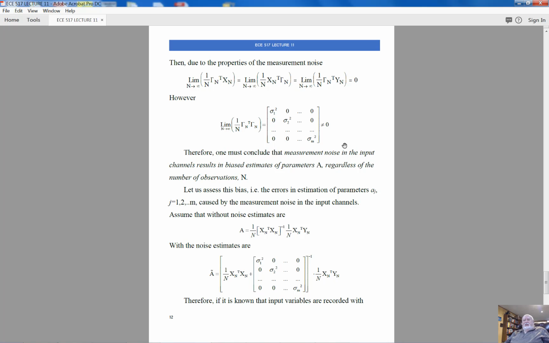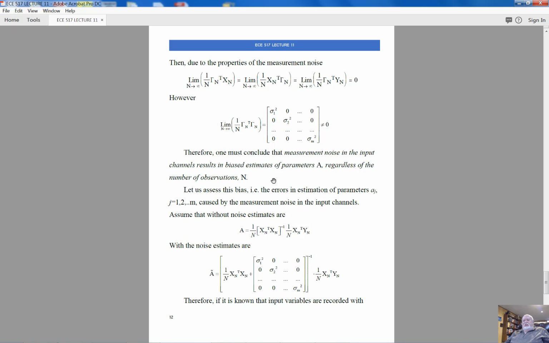Therefore, since even if n approaches infinity this term does not disappear, we should conclude that measurement noise in the input channel results in biased estimates of parameter A, regardless of the number of observations n.